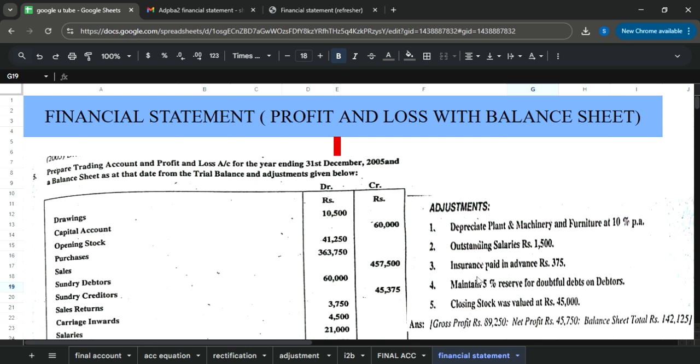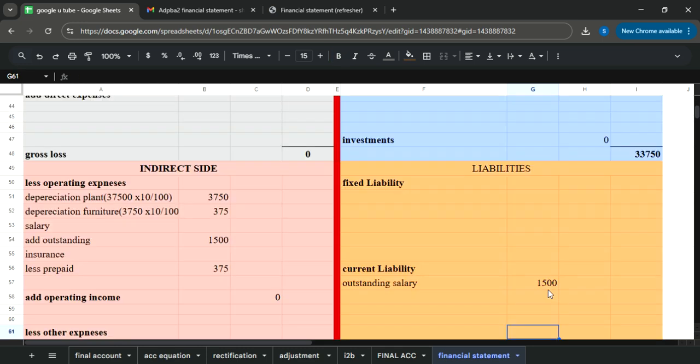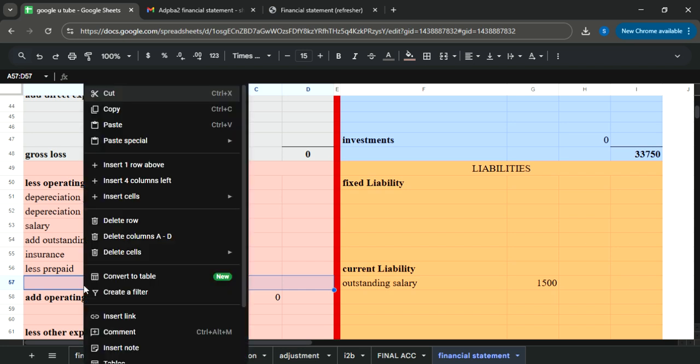Now we will see our fourth adjustment, which is 5% reserve. For that purpose, the very first thing which we will do, you will have to create some space over here, because you need at least 4 lines for this.